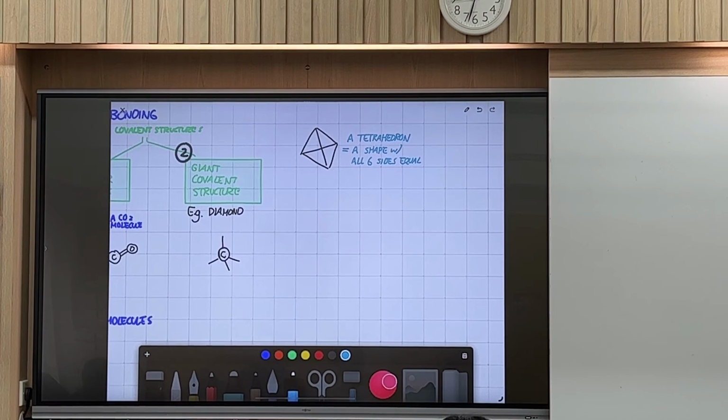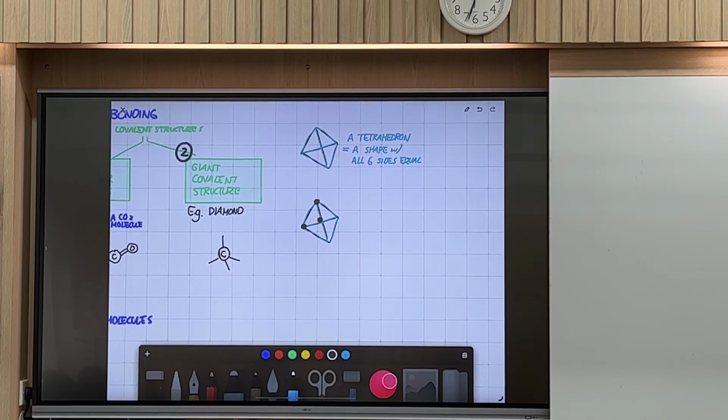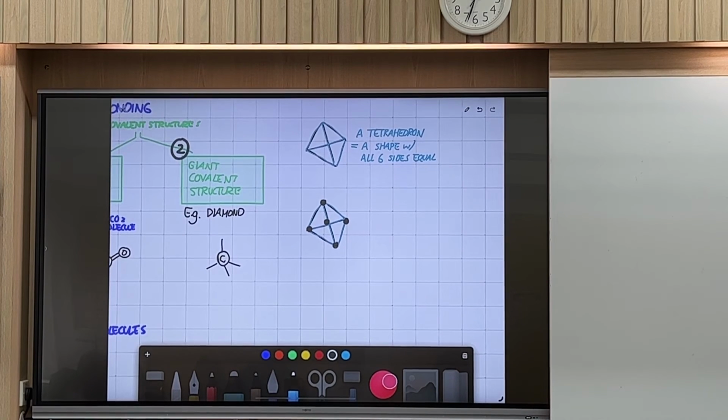Now I will draw a carbon at the center, and then draw 4 carbons at the corners, like this. Put a carbon in the middle and another 4 carbons at the corners, and connect them through bonds.